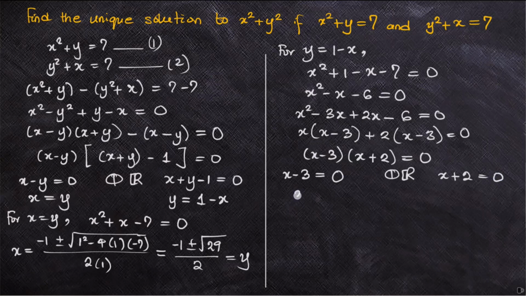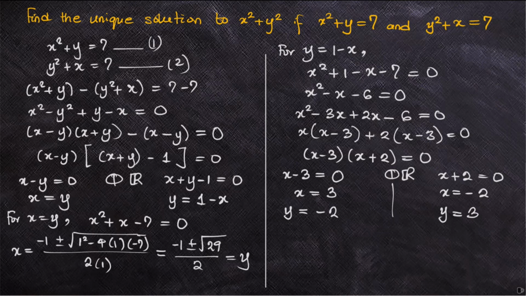So here x is going to be 3 or x is going to be minus 2. Now, we are coming from this case in which you said y is 1 minus x. So for this x is 3, y is 1 minus 3, and that will be minus 2. Or here we have x is minus 2, y will be 1 minus minus 2, that will be 1 plus 2. That is 3. Now you can see that these two are really actually symmetrical.